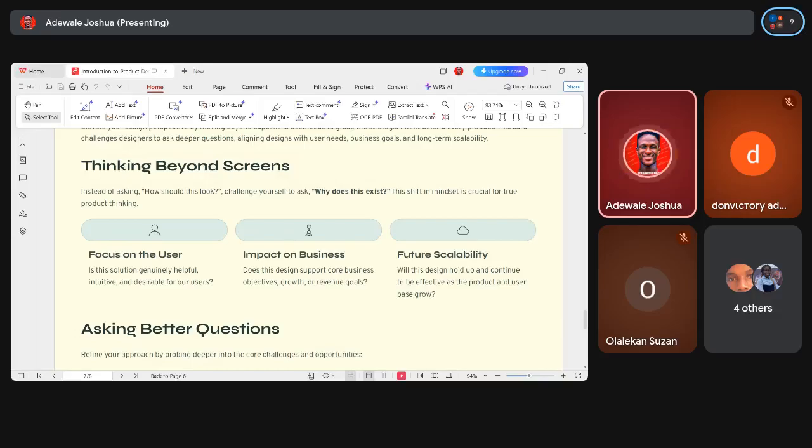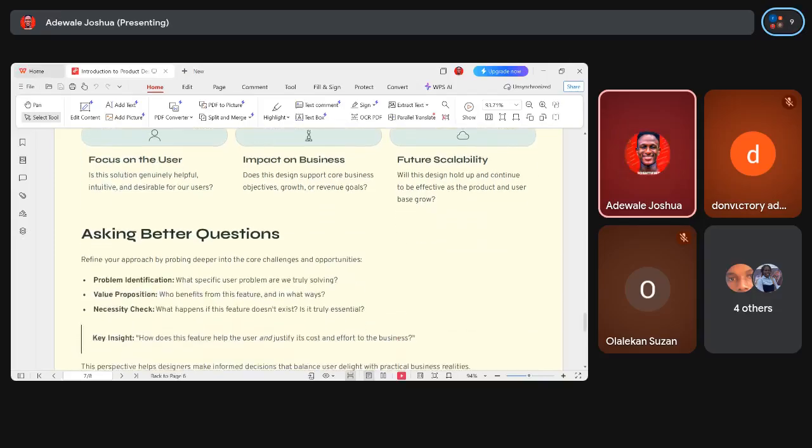Just like WhatsApp, we at some point must have experienced issues with WhatsApp, irrespective of some of the problems or experiences we've had with it. It's a tool that no matter what, we are still using it. So it is standing the test of time. So as a user, think like that.